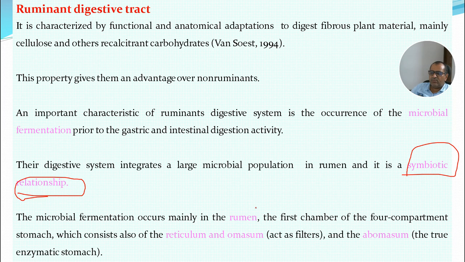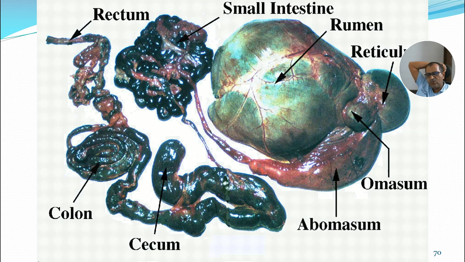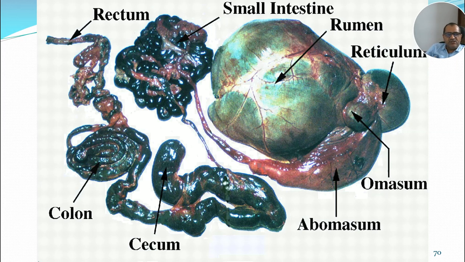So the microbial fermentation occurs mainly in the rumen. It's a very big vat, and apart from this, the other compartments of the stomach, which consists of reticulum and omasum, act as filters, and the abomasum is the true glandular stomach. Here you can see the stomach has such parts.